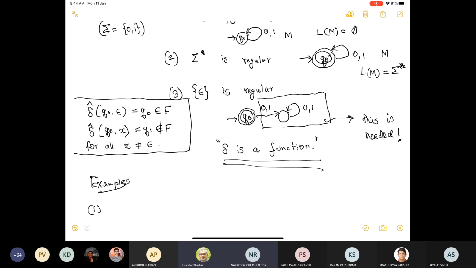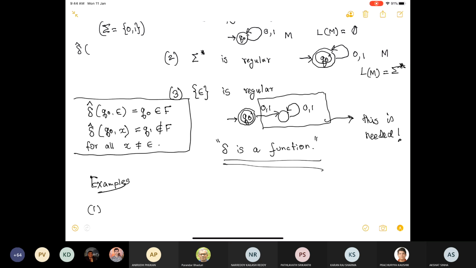So why should we not take the second state in the second example? Same state in the second example for the third example. In the second example, let me just write it down here.